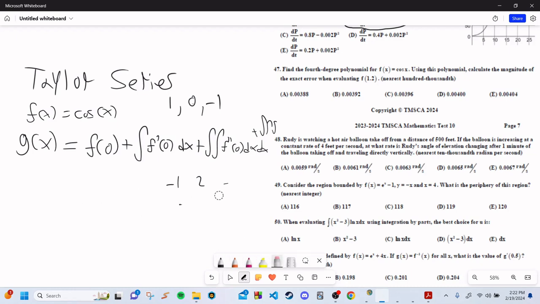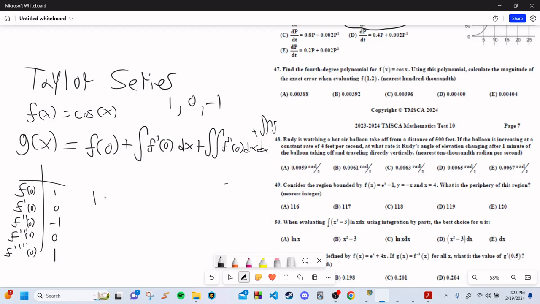And so the Taylor series expression, if we want to get the fourth degree polynomial, so let's just count. Okay, I have this table. I know f of 0 is 1, f prime of 0. If I get all of these derivatives up to the fourth one, then I can create a fourth degree polynomial that approximates cosine of x.